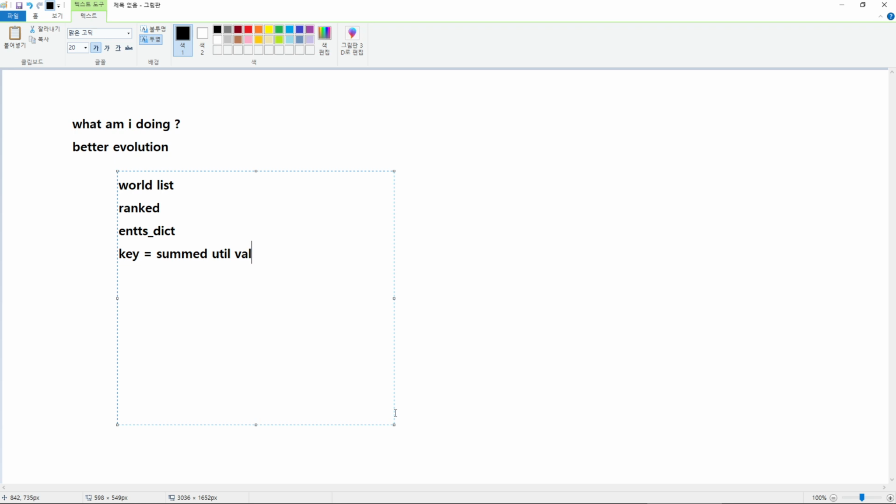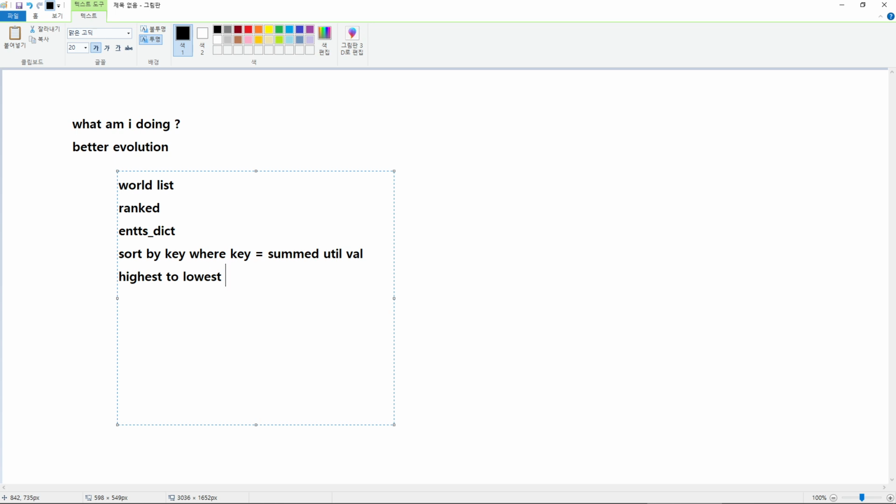So sort by key, where key is some utility values of entities, from highest to lowest, depending on the context of the problem space at large at this point.